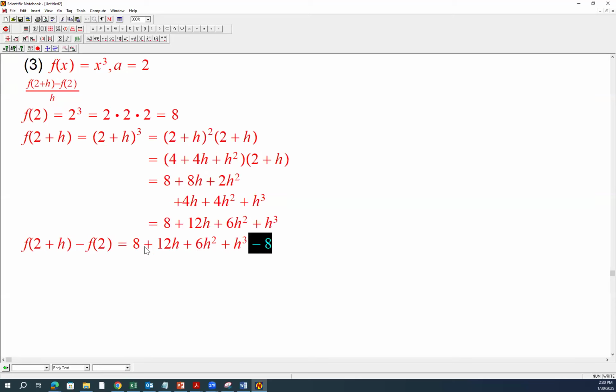The negative 8 and positive 8 will make 0. So we will get just these 3 terms. And thinking of factoring, so you factor out the h. And this will factor out the h, and this will be after factoring out the h.